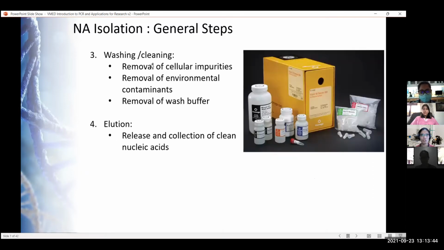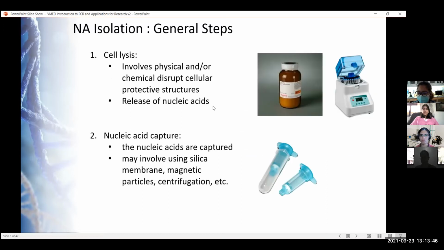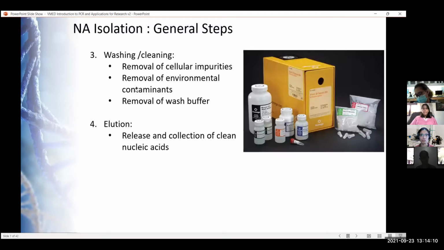Next would be washing or cleaning. So of course, after you've captured the nucleic acids, it's not clean. So you need to remove the debris, you need to remove the other inorganic and organic substances that are not nucleic acids. So that includes fats, proteins, and other chemicals that you don't need for your analysis. So you need to remove those impurities using a variety of buffers.